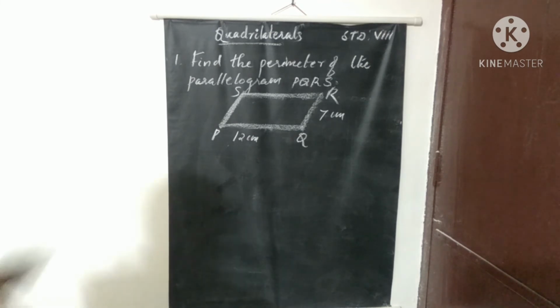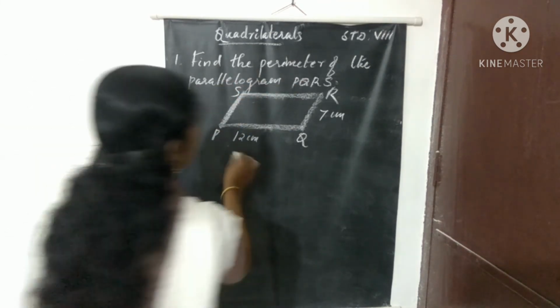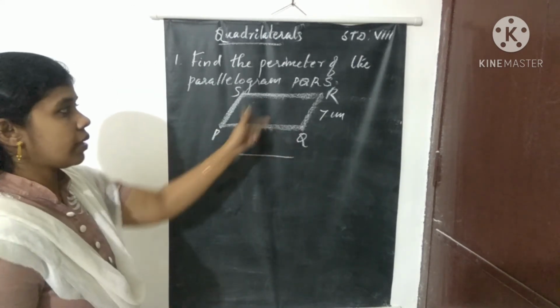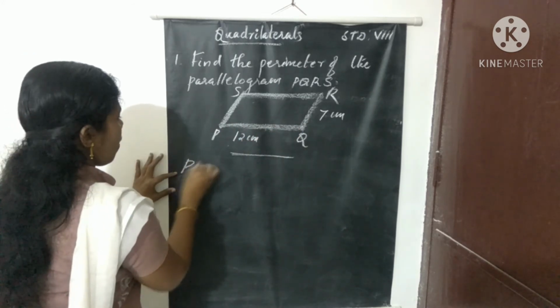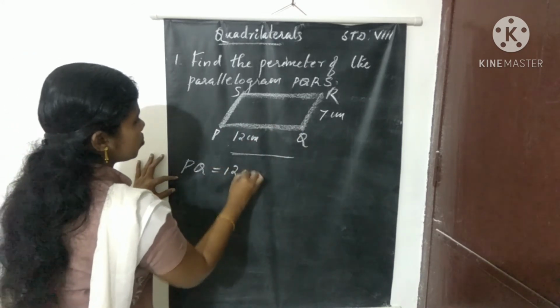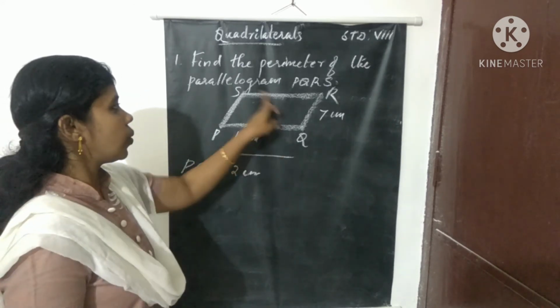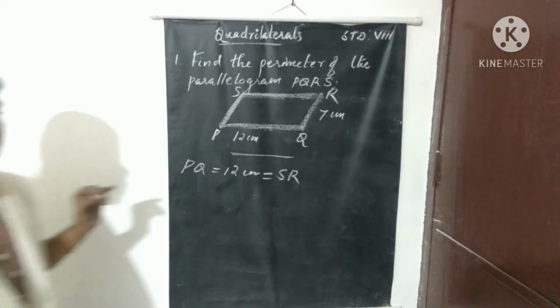This one question: find the perimeter of the parallelogram PQRS in the given figure. One parallelogram is given with its sides. Here PQ is equal to 12 centimeter. What is the side equal to PQ? SR. So SR is also 12 centimeter.